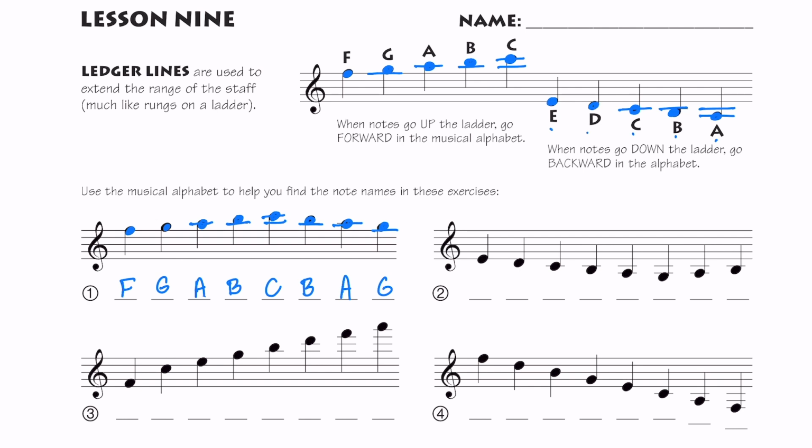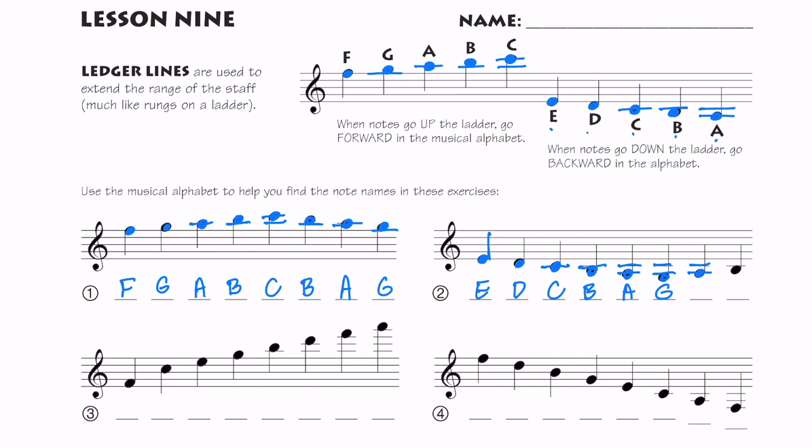The lines are the rungs of the ladder, and the spaces are the space between the rungs of the ladder. All right, number 2, I'm going down. First note is E for every, okay? Going down the alphabet, D, first ledger line, C. Below C is B. Notice I'm just counting 2 ledger lines, A. Below 2 ledger lines, G. Notice I didn't keep going.